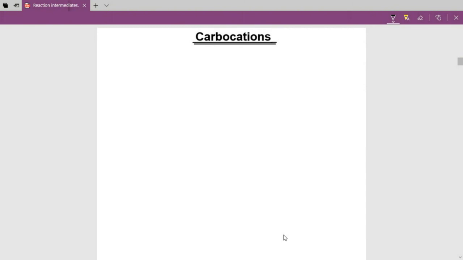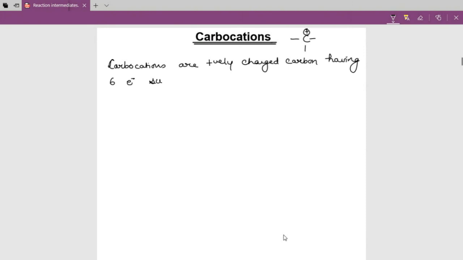Now, what are carbocations? Carbocations are positively charged carbon having 6 electrons surrounding it and one empty p orbital.